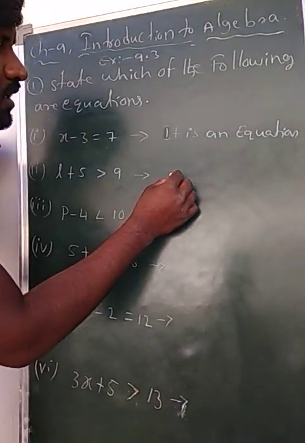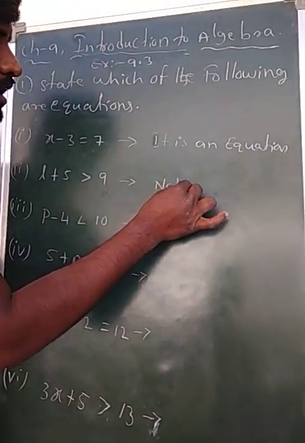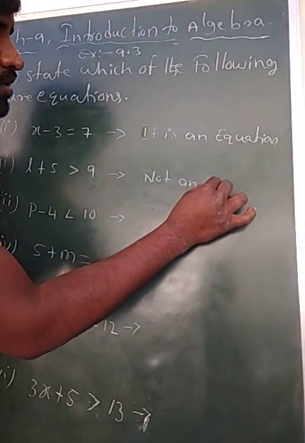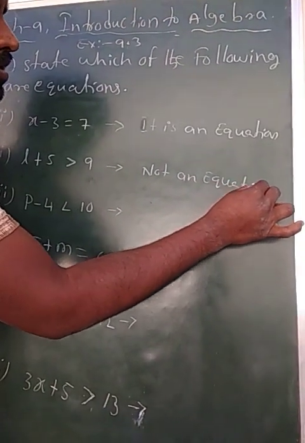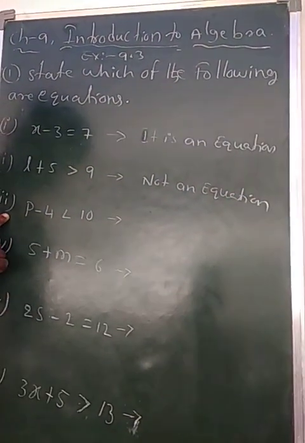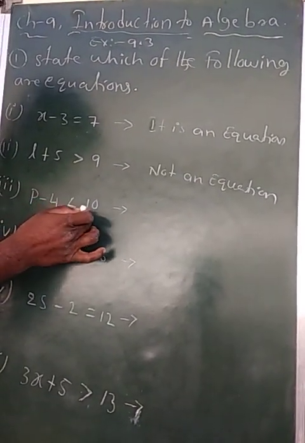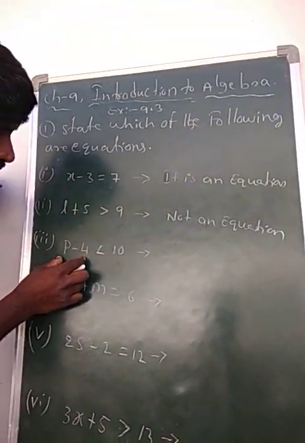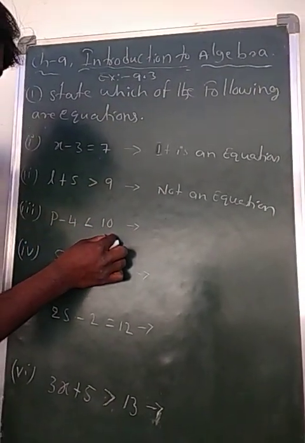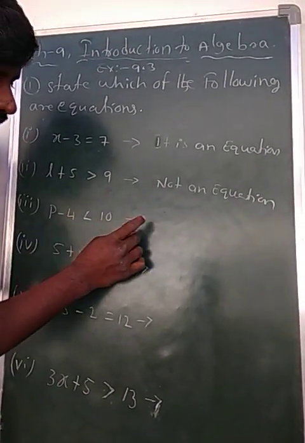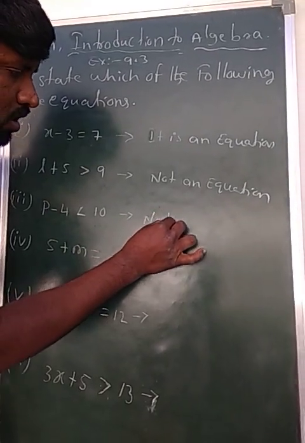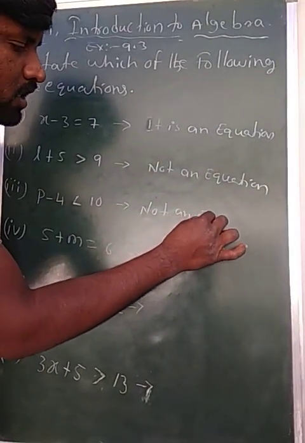So that's why it is not an equation. Next, third one, p minus 4 less than 10. Clearly the LHS part is not equal to the RHS part. So that's why this is also not an equation.